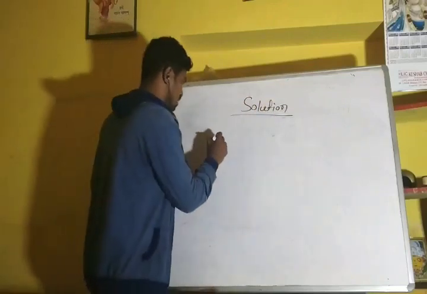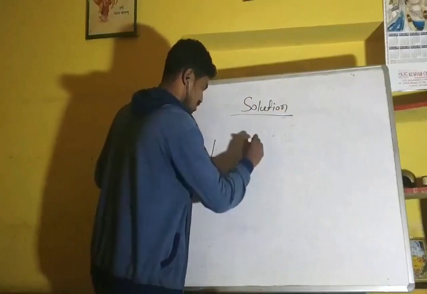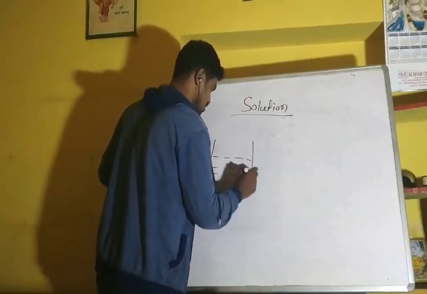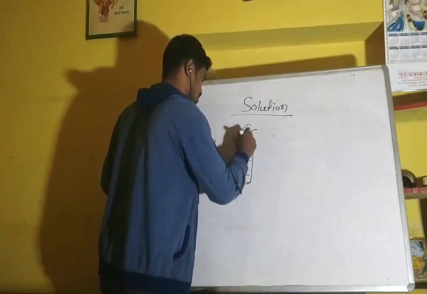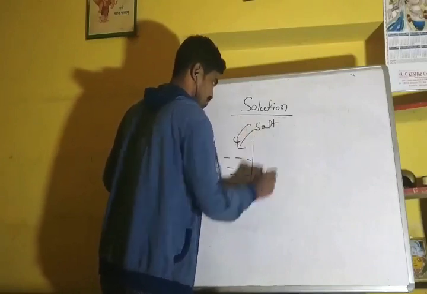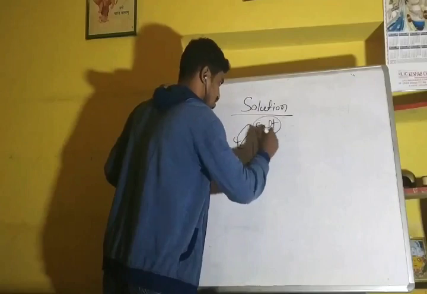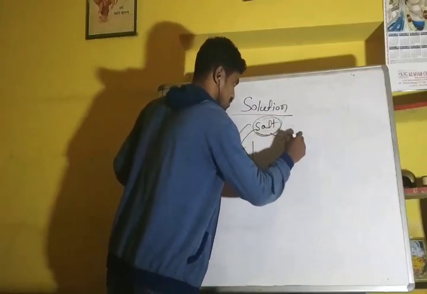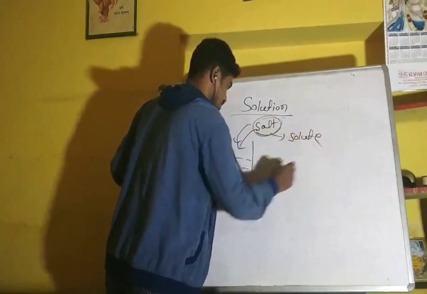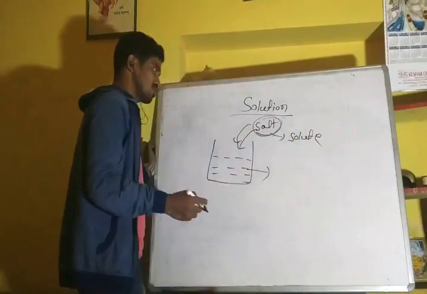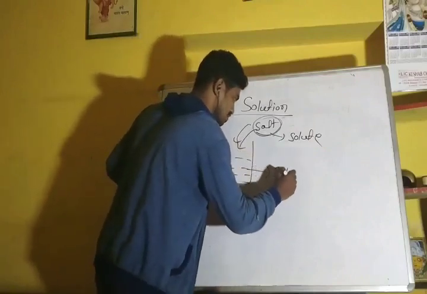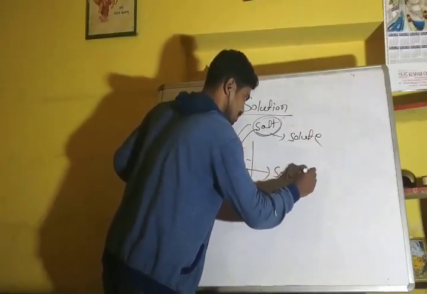When we mix water with a certain substance like salt, the salt we added to the water is called solute, and the substance to which the salt is added is the solvent.